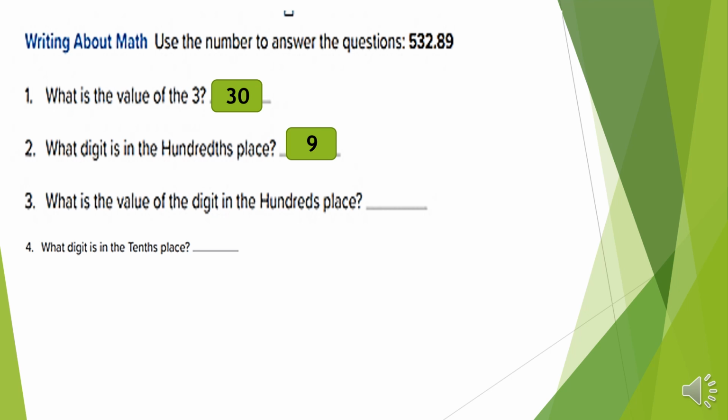So here we speak about the whole. So in hundreds we have 500. Last one, what digit is in the tenths place? When you see THS, you know that we are in the decimal place. So the decimal here we have 8 in the tenths place.